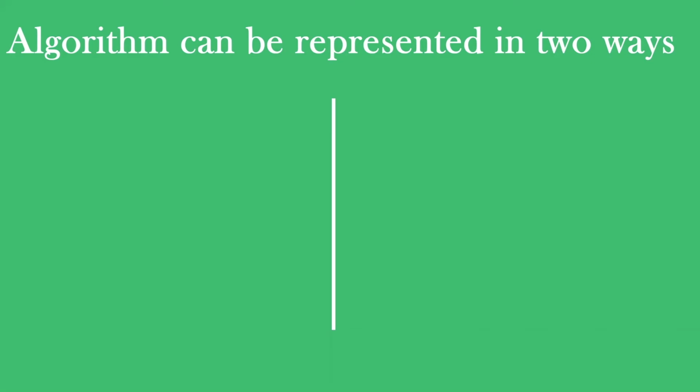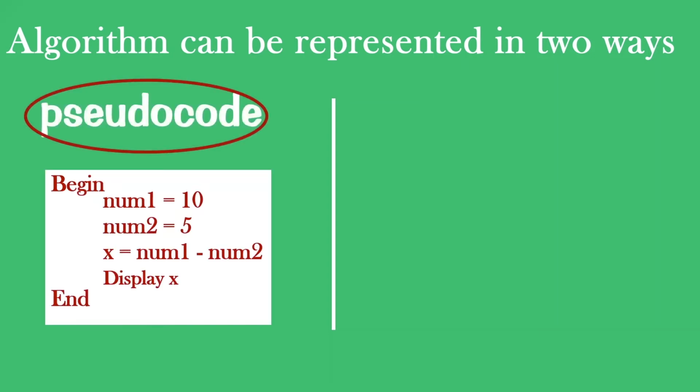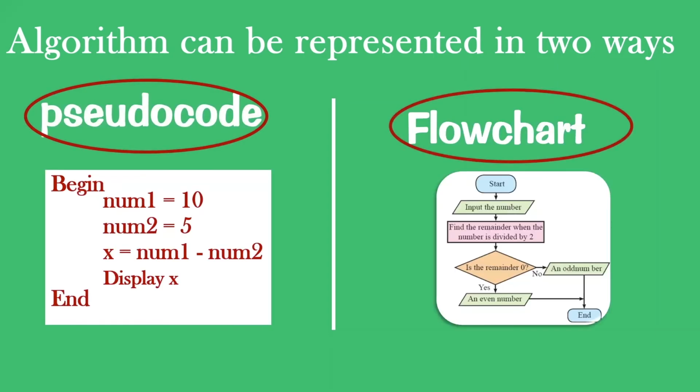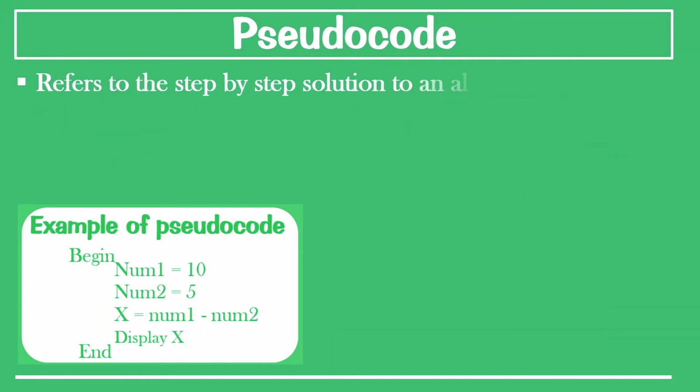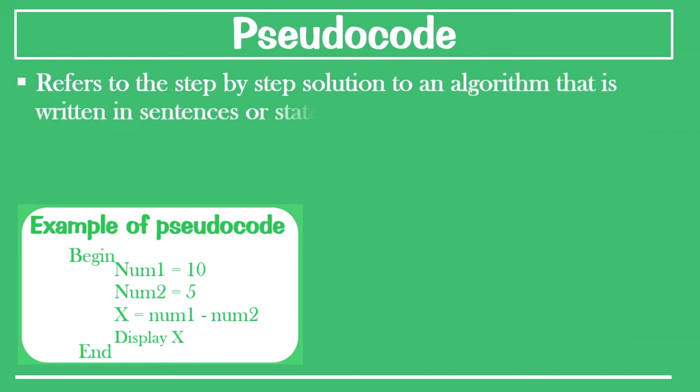In programming, algorithms can be represented in 2 ways, through pseudocode or flowchart. Pseudocode refers to the step-by-step solution to an algorithm that is written in sentences or statements.